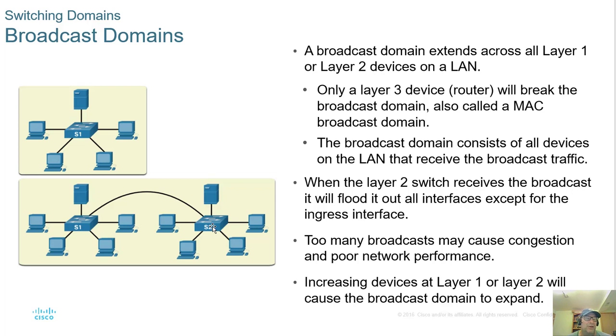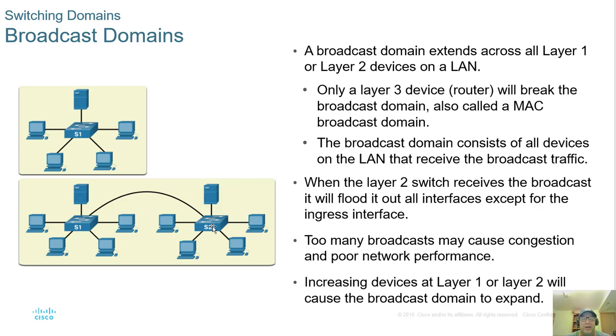In the top diagram, one device sends something out, and the other 4 devices would get that broadcast message. And the only thing to remember about broadcast domains is all the devices connected to the switch should be in the same subnet. So one broadcast domain equals one subnet.